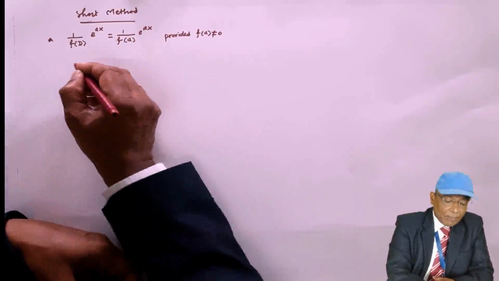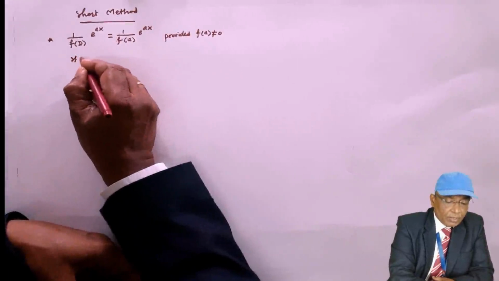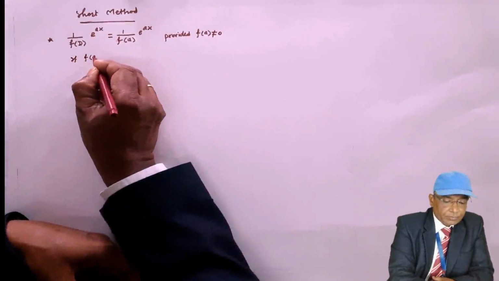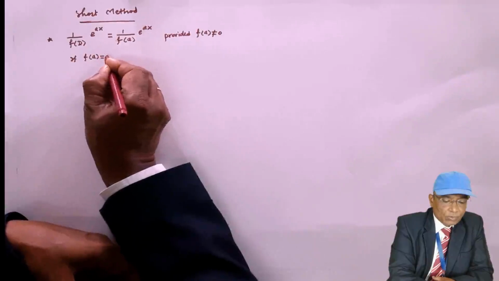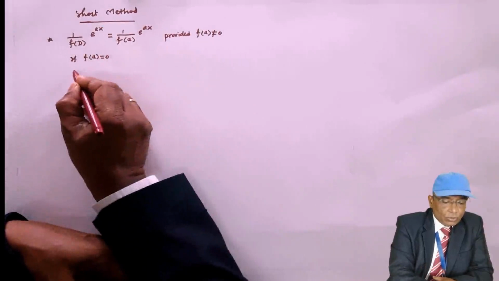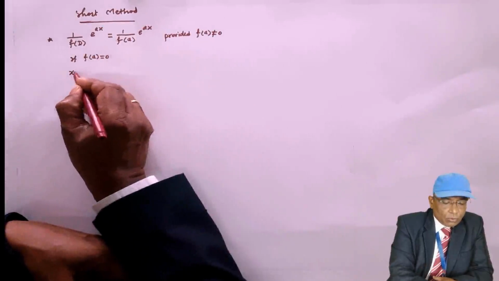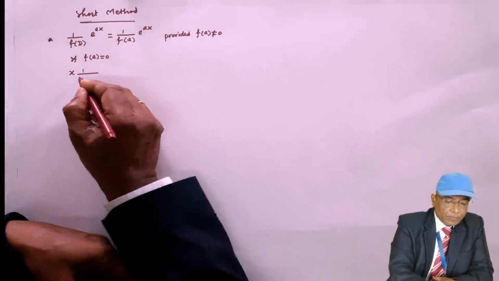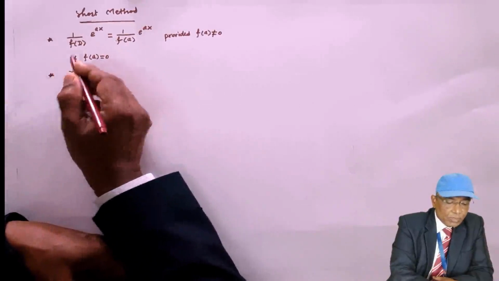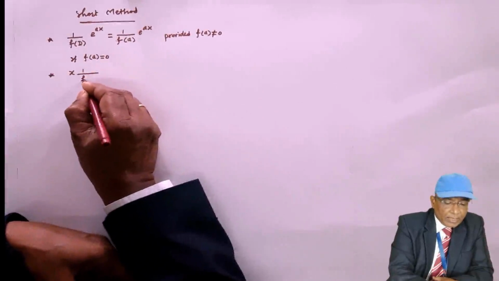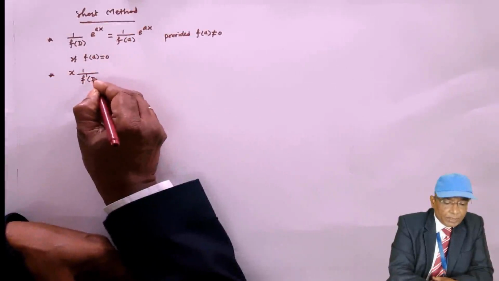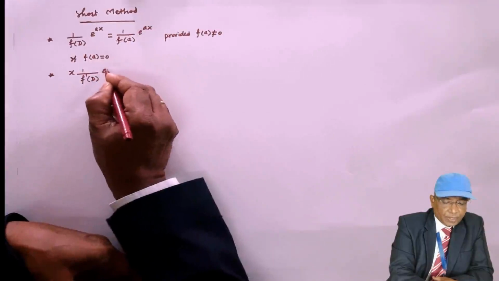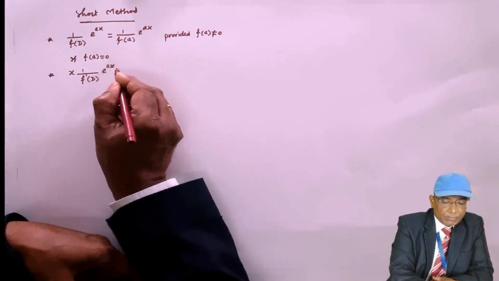If it happens, if f of a is 0, then what to do? How to operate this operator? Write down x outside of the operator and take the derivative of the operator with respect to d.